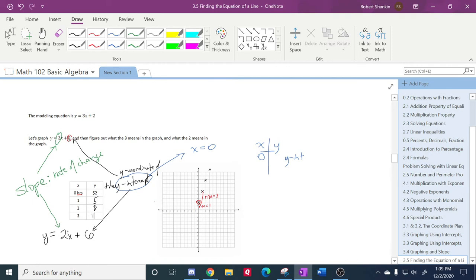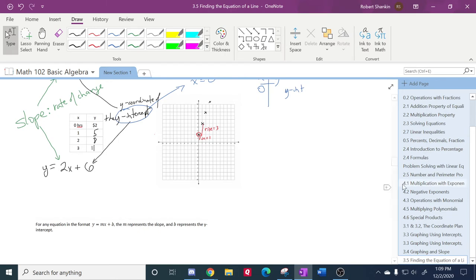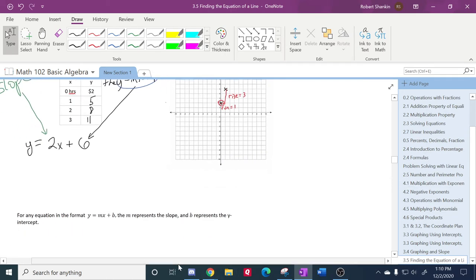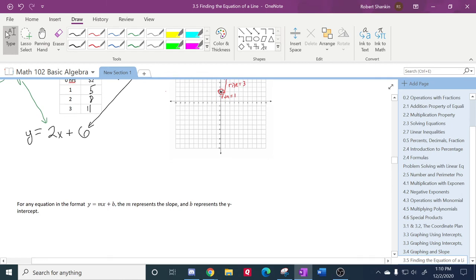So when we see any equation in the format y equals mx plus b, the m represents the slope and the b represents the y-intercept. So again, let me just point out, why does the b represent the y-intercept?